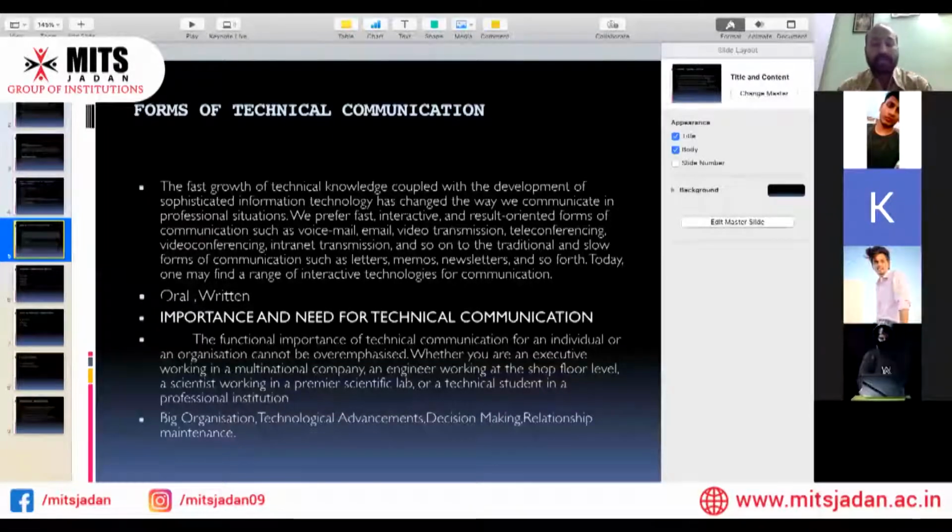I have explicitly put up this oral and the written, these two forms of technical communication, which we will be discussing in detail if it is asked in the examination. And since these two questions, the aspects and the forms, have not been asked in our examination in the last 1.5 years, I hope it may be asked this year undoubtedly.